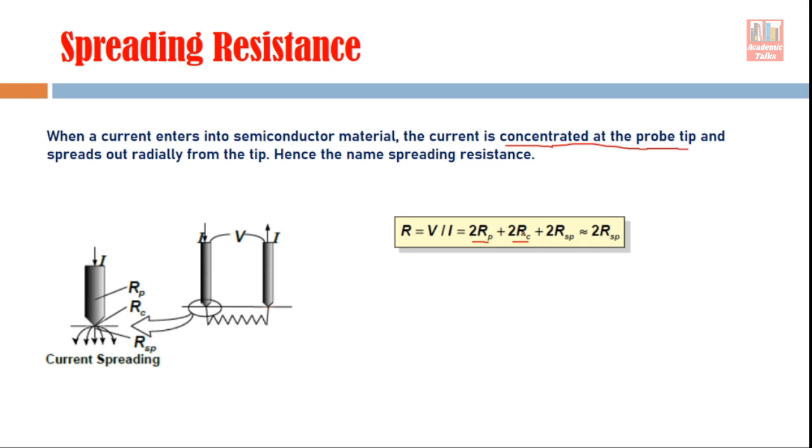So if all these become negligible as compared to spreading resistance, then this total resistance whatever we are measuring is our spreading resistance, right? So this is a mechanism through which we can measure the spreading resistance by making all other resistances negligibly small, right?